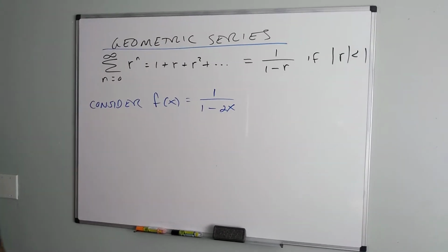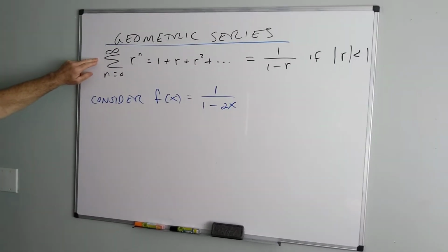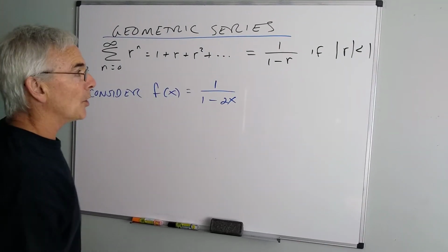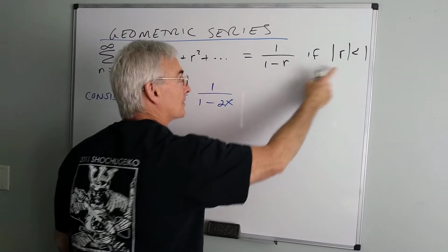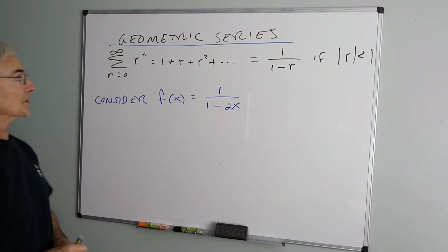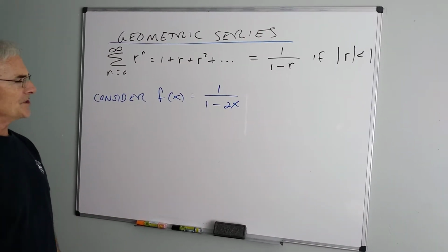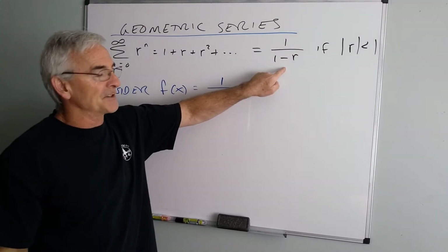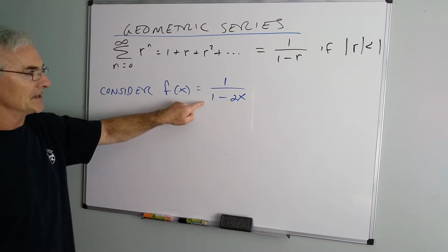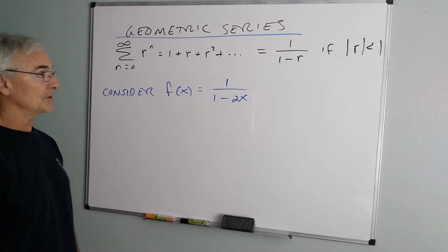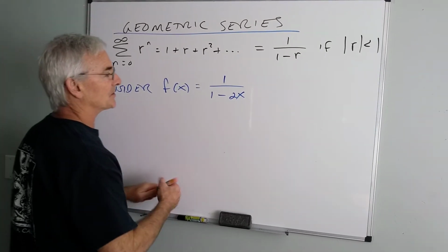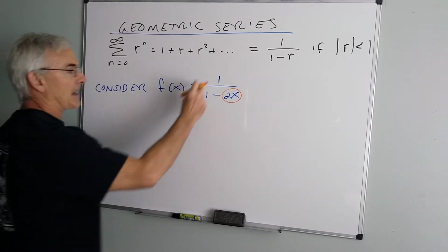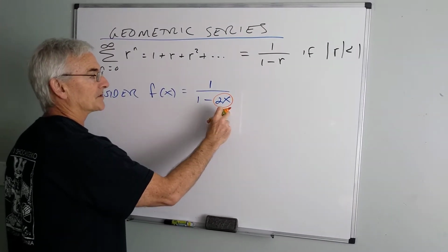We know a geometric series takes on the following form. If we start this one at 0, then we get the following terms, which we know will equal this total whenever the absolute value of r is less than 1. We've worked with these before. So the question is, what if I have a function that seems to have the same form as the result? Could I write this as a power series? Well, it turns out I can if I consider 2x as my r, because it's exactly the form of 1 over 1 minus r.